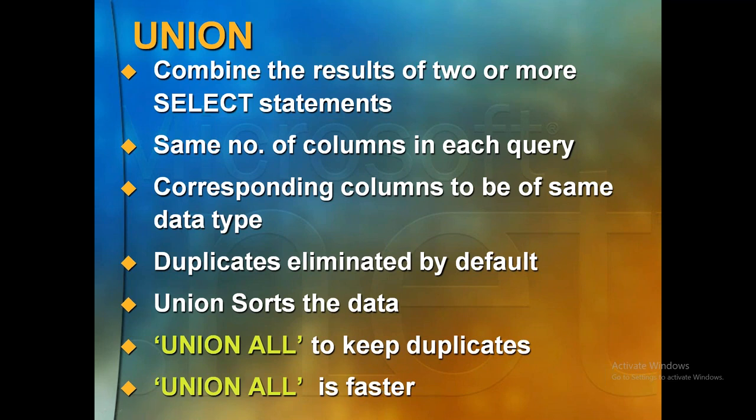Joins mean getting the matching data. In union, there is no need of getting matching data. It is combining one or more data sets into a single data set. Am I clear? So that is important. Union versus union all is also a very, very important interview question.